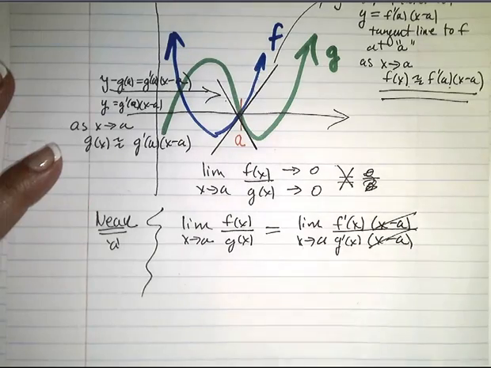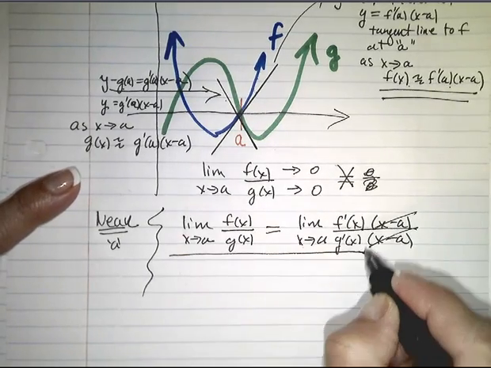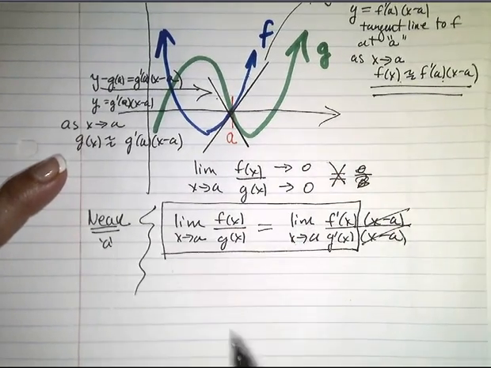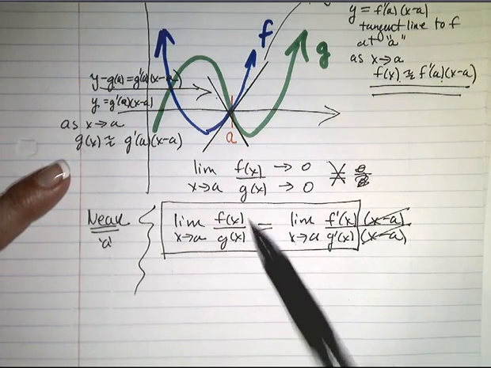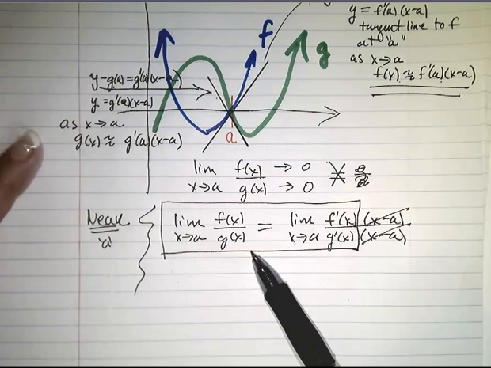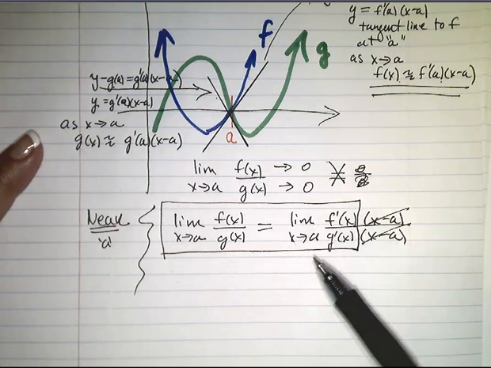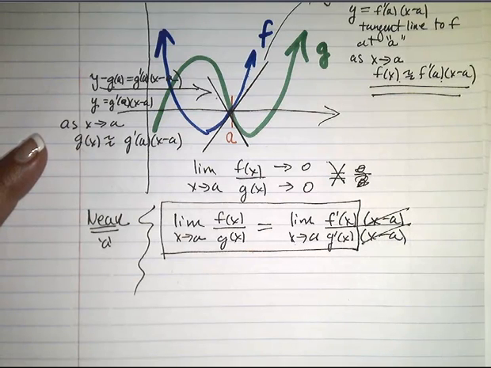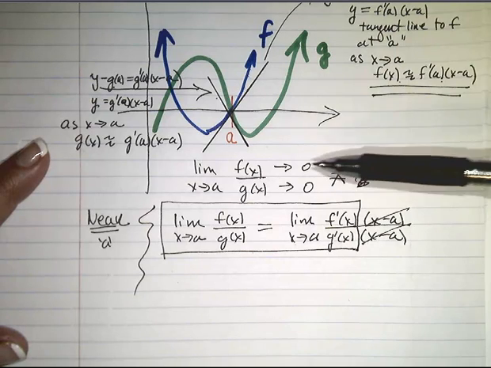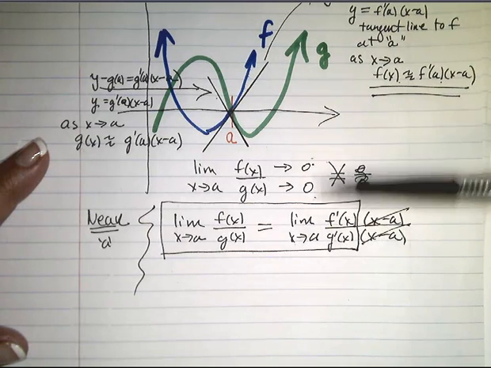These cancel, and so what I really have is this statement right here, which says the limit as x goes to a of the quotient of two functions, if it's in indeterminate form, equals the limit as x approaches a of the quotient of its derivatives. And that's really nice. Now this example was an indeterminate quotient of the form 0 over 0.